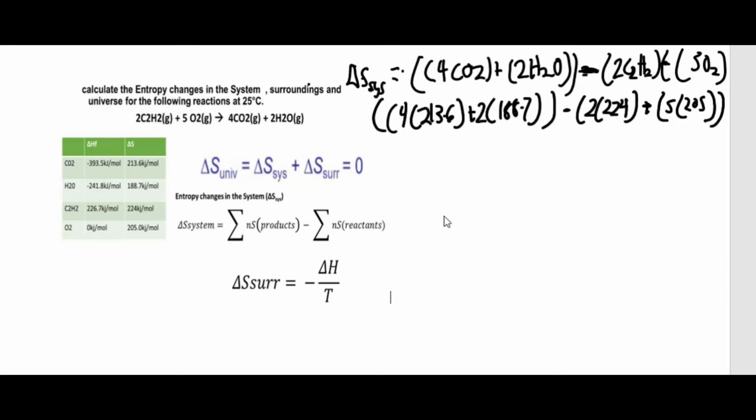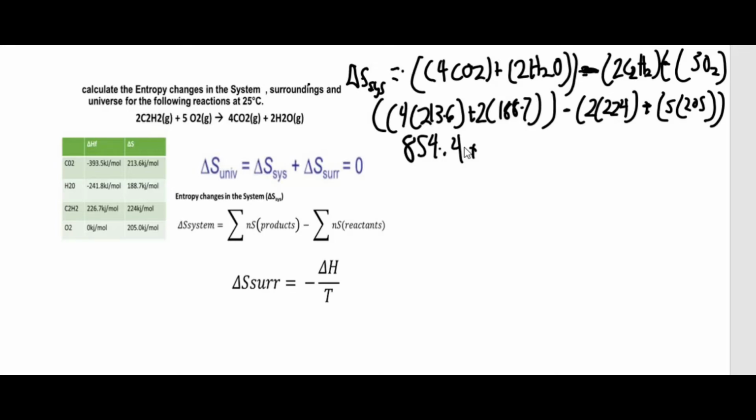Alright. The 4 times 213.6. That's 854.4, plus 2 times 188.7.